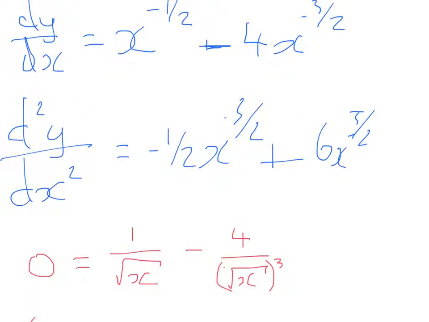So we plug it into this, in here and in here. All you're looking for then is if you get a positive output or a negative output. You should have the notes on that. If you get a positive output, then it's a minimum point. If it's a negative output, then it's a maximum point. Kind of counterintuitive.